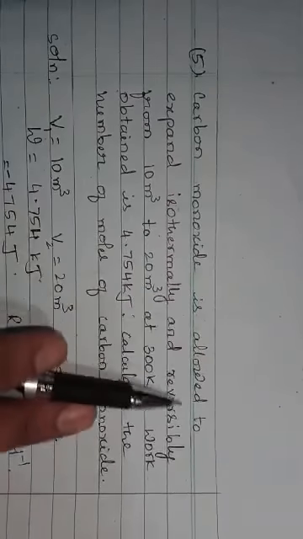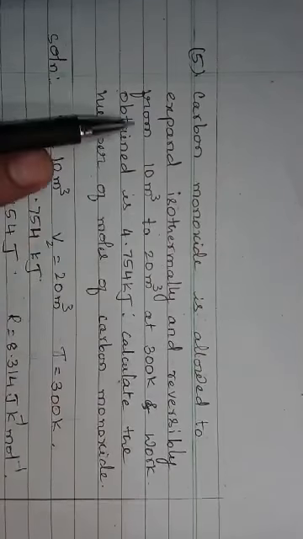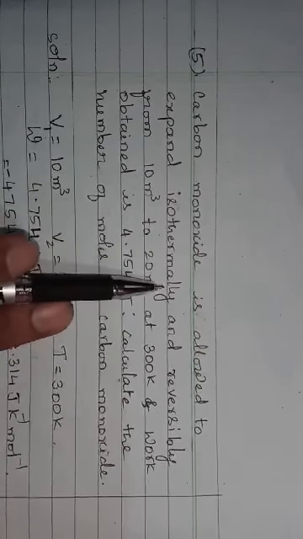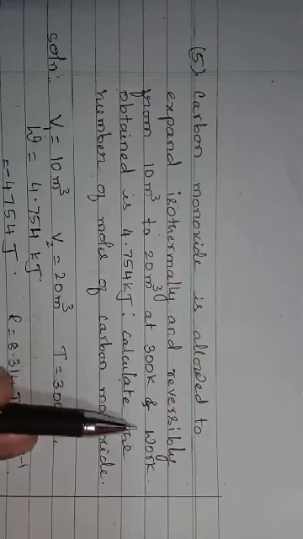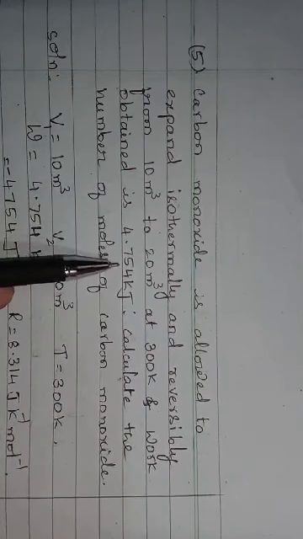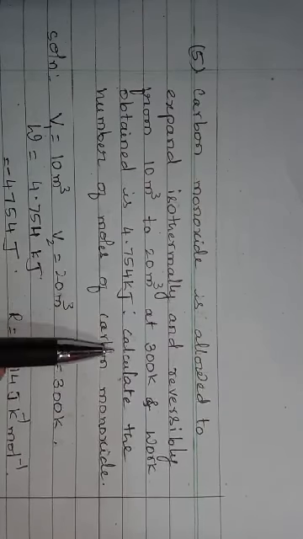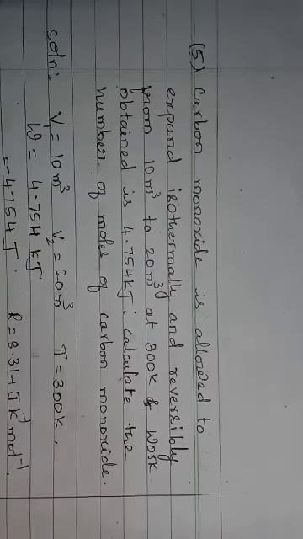Carbon monoxide is allowed to expand isothermally and reversibly from 10 meter cube to 20 meter cube at 300 Kelvin temperature, and work obtained is 4.754 kilojoules. Calculate the number of moles of carbon monoxide.